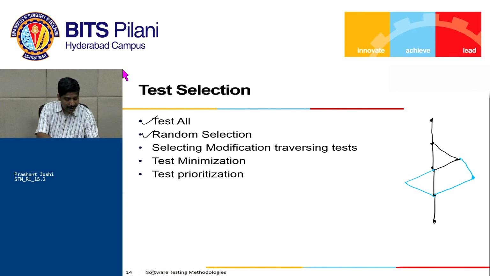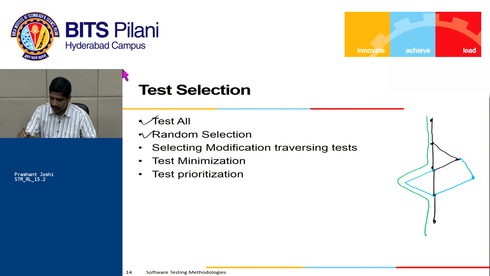I would now like to have new test cases marked here in green for us to make sure that these paths are also tested. This would be a mandate. We better have testing.